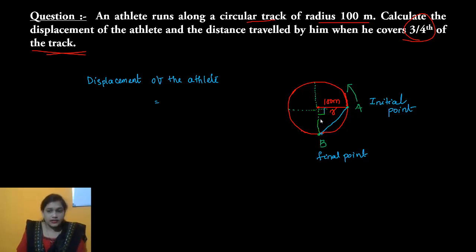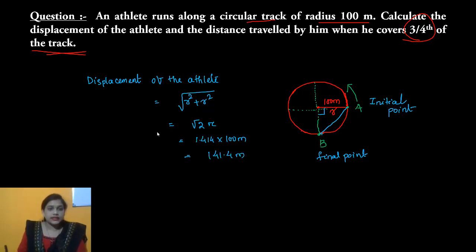So displacement of the athlete is the square root of r squared plus r squared. This is root 2 r. What is the value of root 2? This is 1.414 into r, and r is 100 meter given. So final answer will be 141.4 meter.